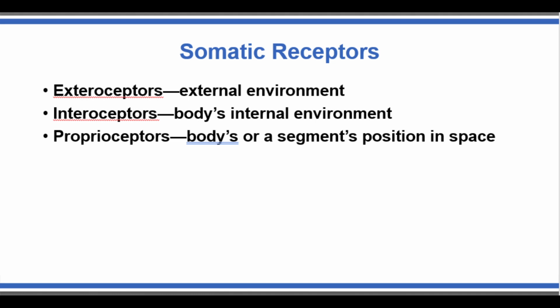So if we focus in on proprioception, it has been defined previously, and it exists within this general categorization of these various somatic receptors. And these various receptors that I've just mentioned are considered to be sensory receptors.